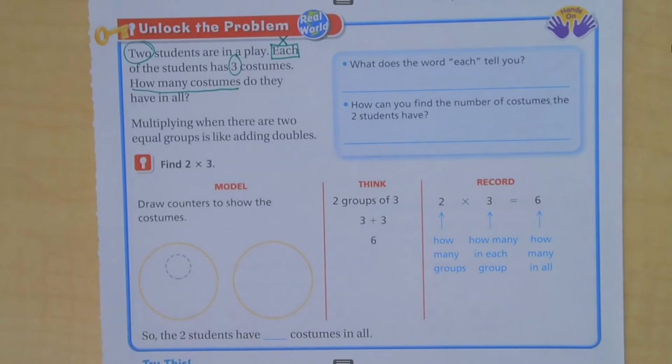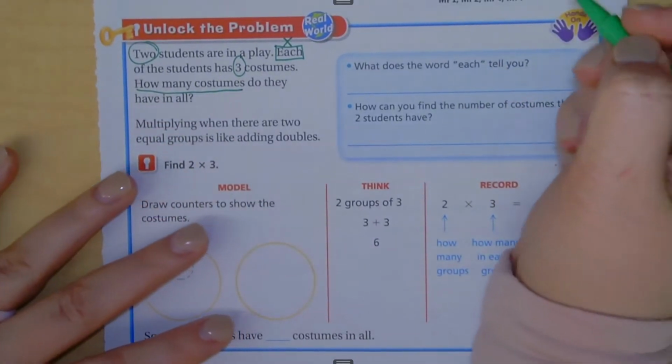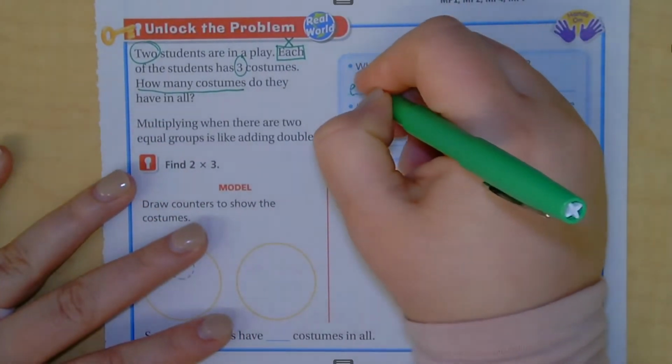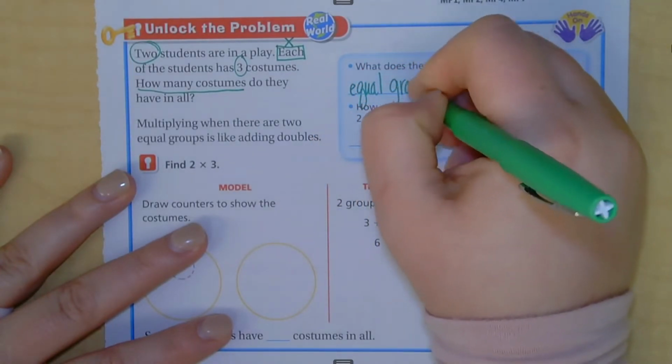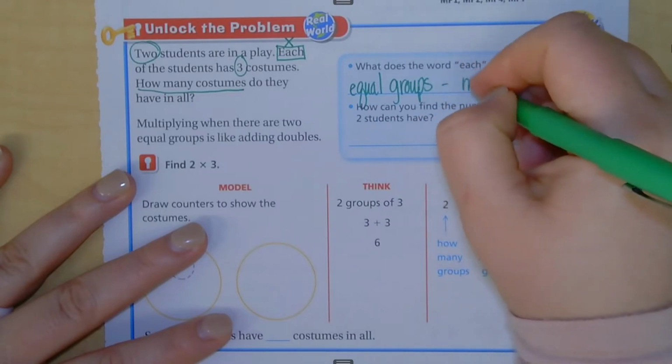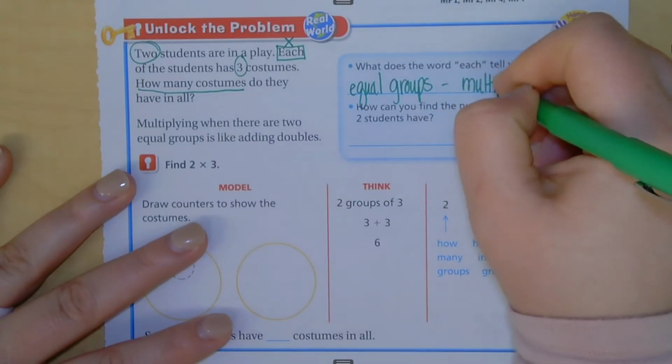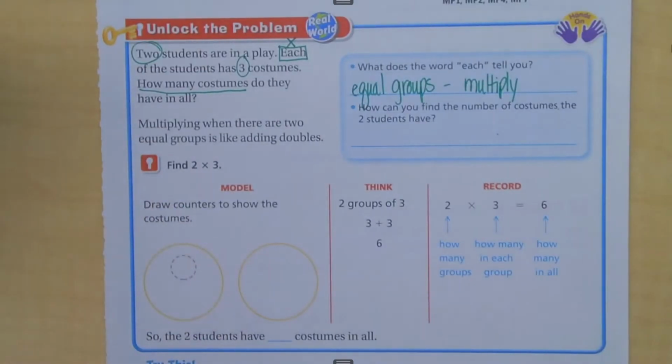Okay, so when we're multiplying and there are 2 equal groups, it's like adding doubles, right? The word each tells me that I have equal groups, or that I'm going to multiply. How can you find the number of costumes the 2 students have?